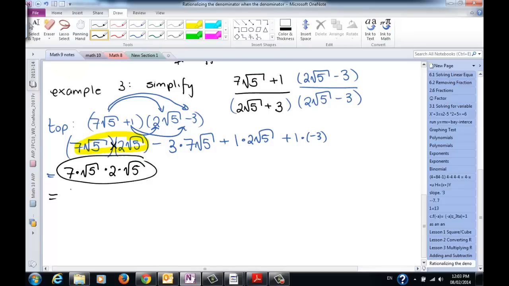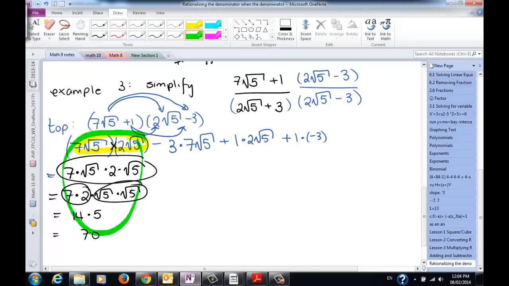I'm just looking at this piece right now. 7 multiplied by 2, multiplied by root 5, multiplied by root 5. Okay, and I can simplify this one more time. This is 14, and root 5 multiplied by root 5 is 5. Okay, and 14 times 5 is going to be 70. So all I've done here is I've simplified this piece.